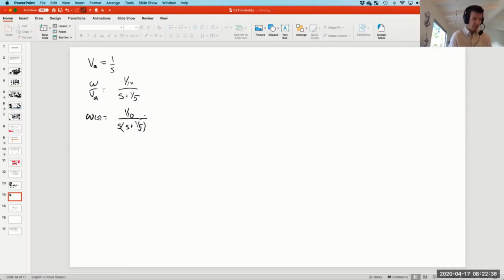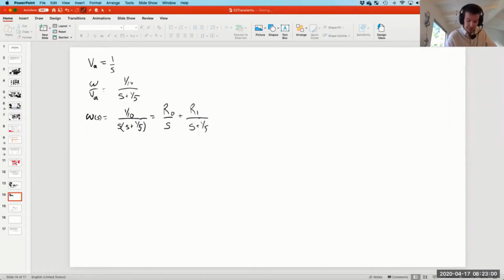All right. So if I want to break this up into partial fractions, there is going to be a residue on the mode at the origin, and there's going to be a residue on the real mode at negative 1/5. And what do you like to do? You like to do cover up here.